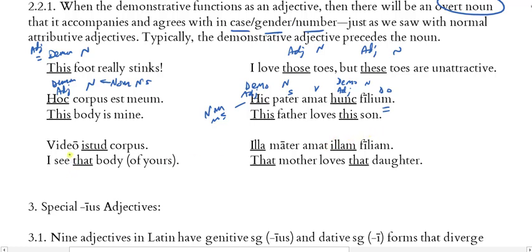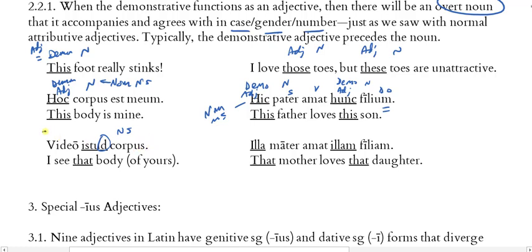Here's some far ones. Video istud corpus. I see that body, where I'm using the iste form, but in the that's neuter singular, right? What is the case of istud corpus?